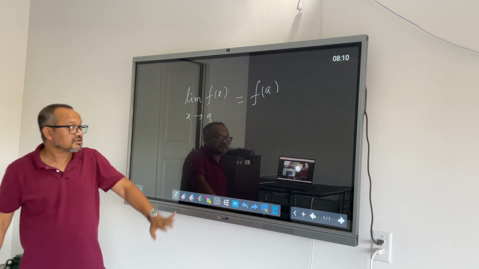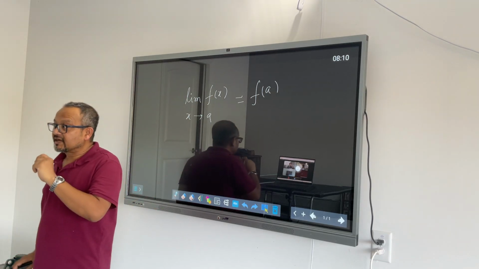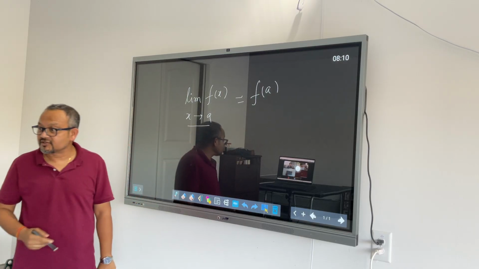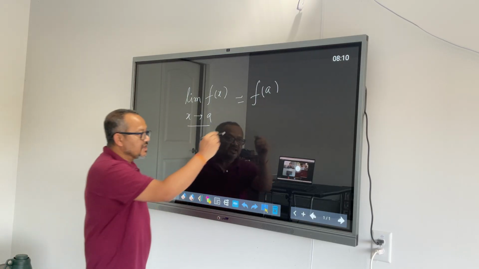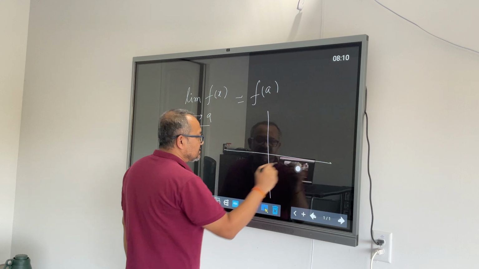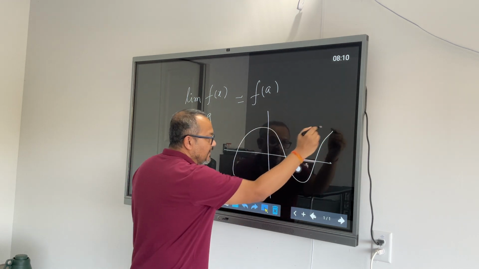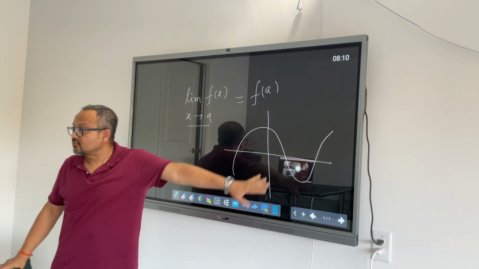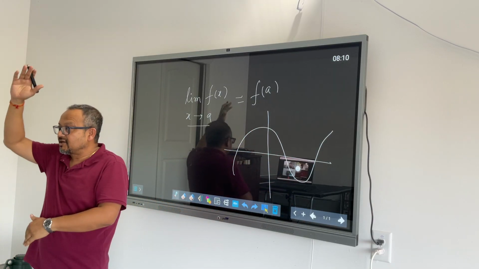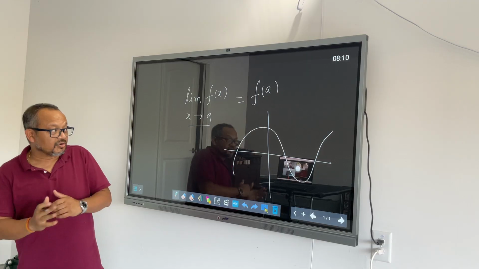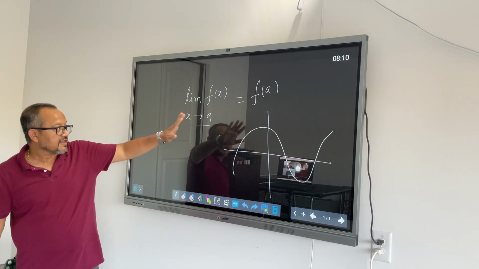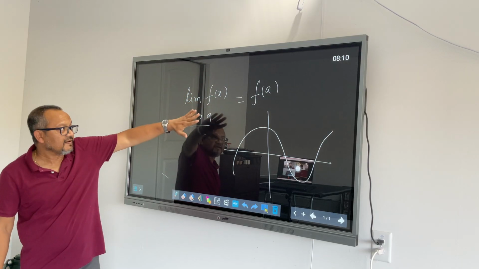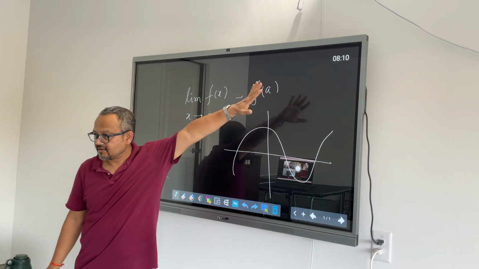And that is true in every circumstance as long as the function is continuous in nature. Meaning, if I have a function which is graphed like this, where there is no discontinuity, no break, no limit not existing, no function going out of bound, then the limit of the function as x approaches a will be equal to the function of a.